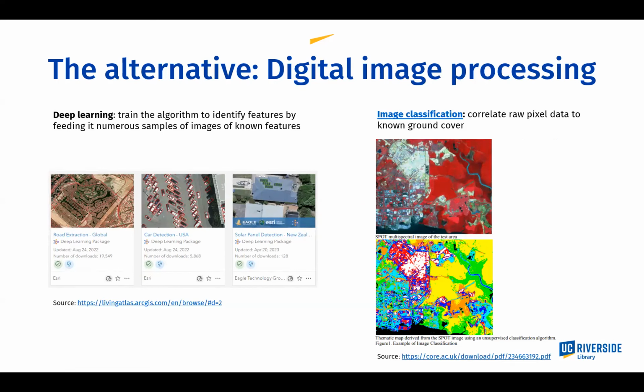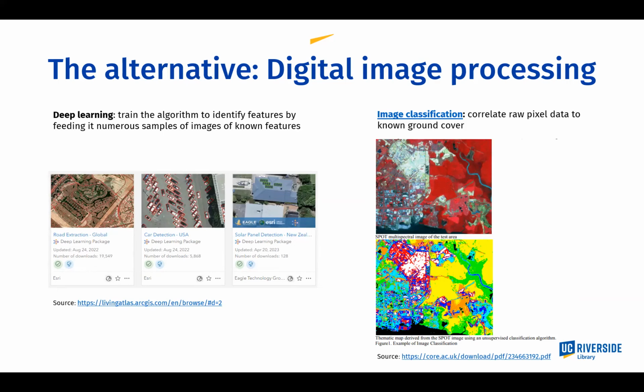The idea is you feed a computer like 10,000 or 100,000 images of, say, cars, and then you ask it to identify cars on photos that you feed into it after that, and it's able to recognize those. And this does work pretty well for things like cars, or you see solar panels there, roads, something that's got a pretty consistent, what we call photo signature over a variety of conditions.